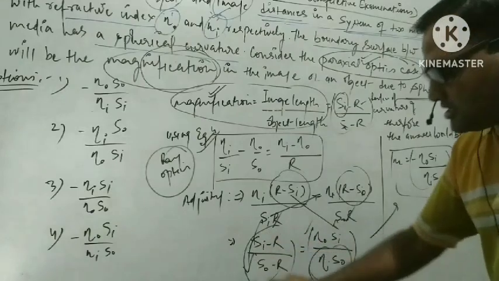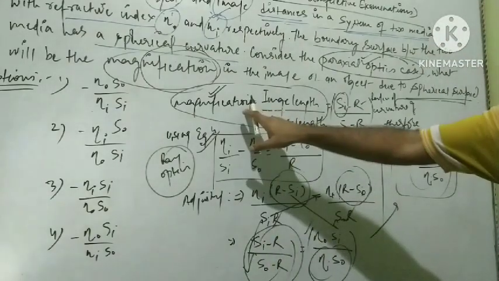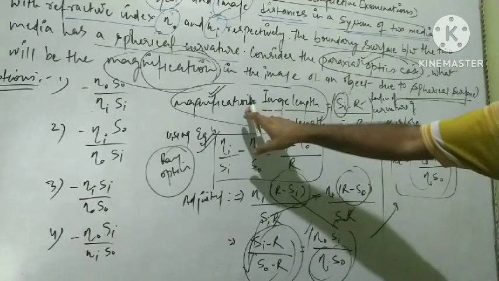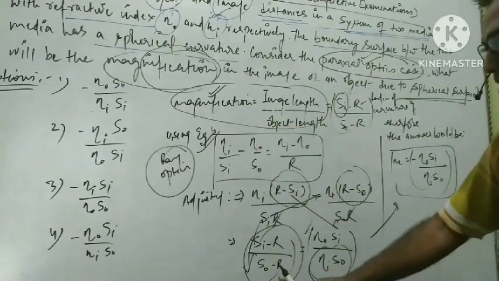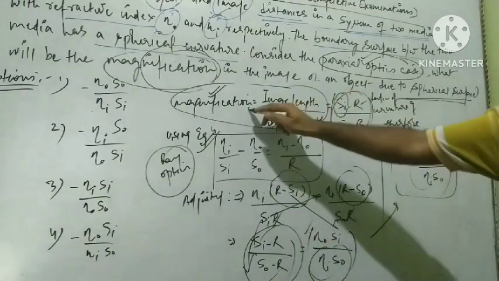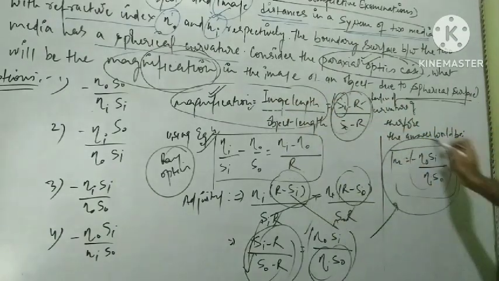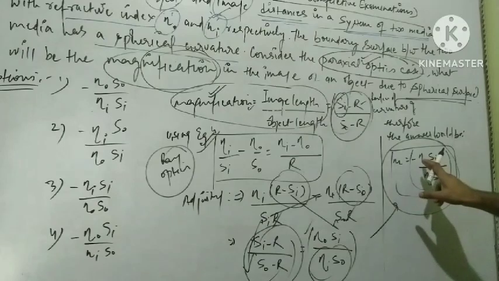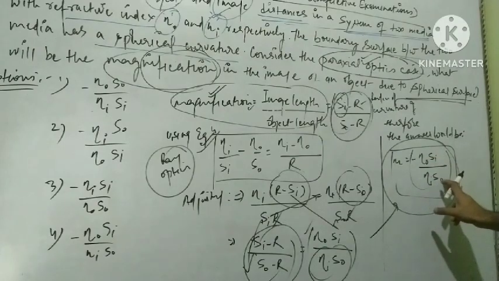Now this term is basically the magnification that we derived earlier: SI minus R by SO minus R is the magnification. In that manner we obtain the magnification directly as eta naught SI by eta I S naught.